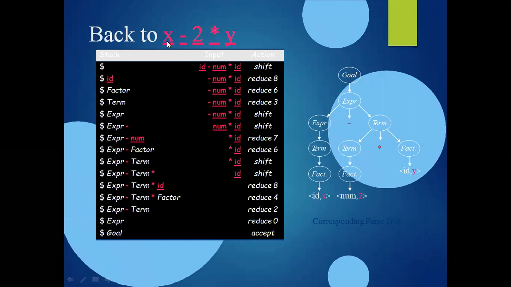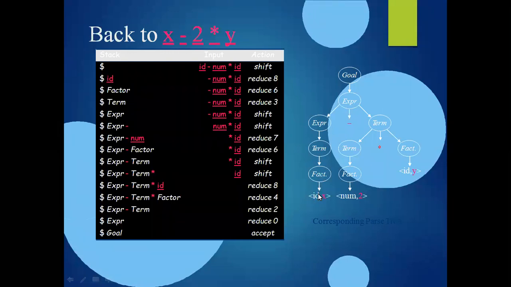And the input is x minus 2 into y. In the place of ids I can use a variable. So in one id I use x and in another id I use y. In the place of num I can use any numerical constant. Here I take 2. So goal, expression minus term, and term into factor. Expression is directly within term, term is directly within factor, and factor is an id.